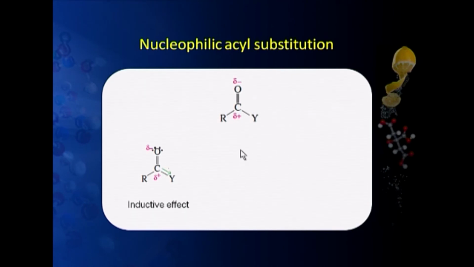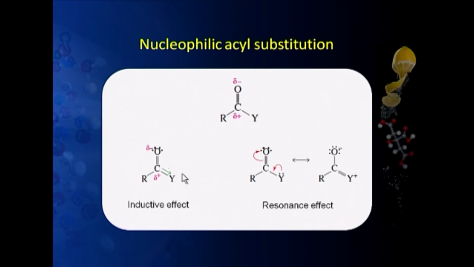And if this Y group is such that it can undergo resonance with this C double bond O, that is, it has a lone pair of electrons which can involve themselves in resonance, then the strength of this C-Y bond would be increased and it will be difficult to break. So, the two effects are now opposing.